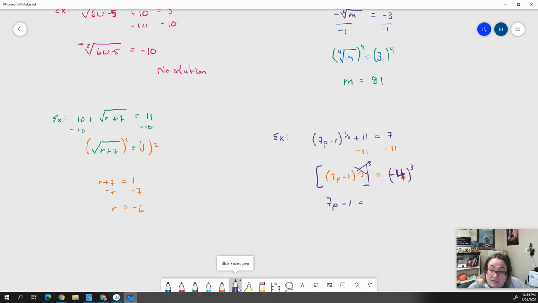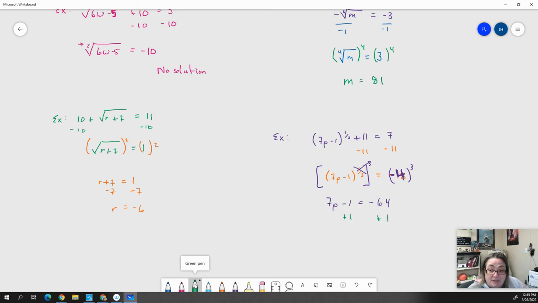So we have negative 4 times negative 4 is positive 16 times another negative 4 is negative 64. And so now we can just solve this whole thing for p. If you don't know how to do 4 to the third power in your head, do it on a calculator, right? There's nothing wrong with that.